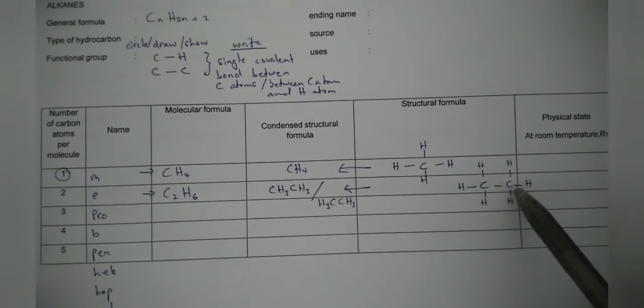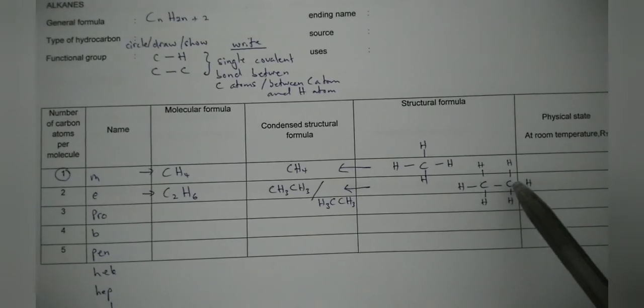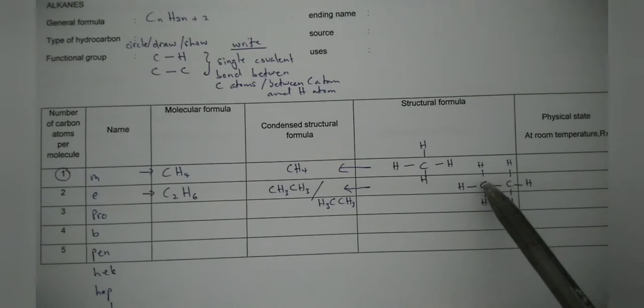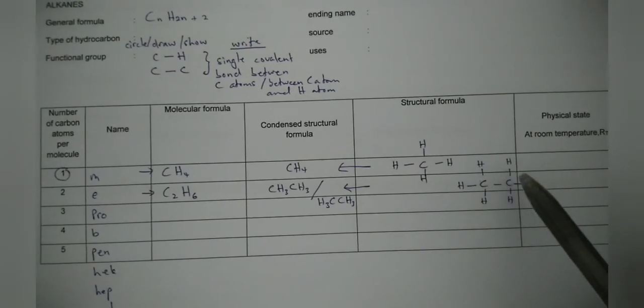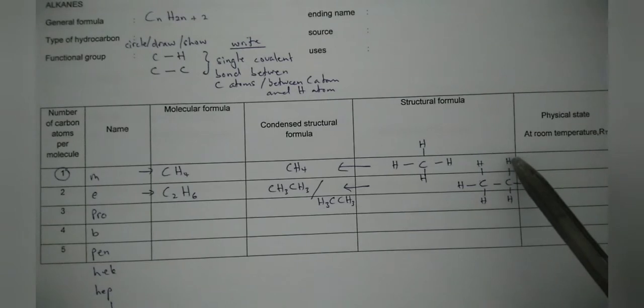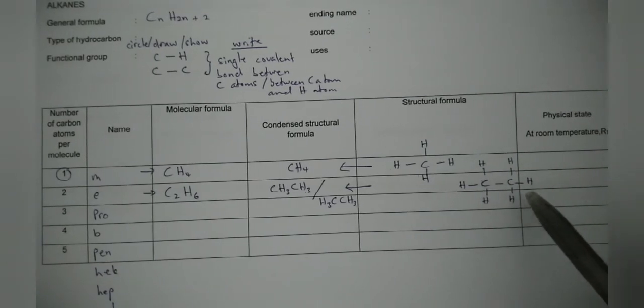The other carbon atom is the same: 1 electron is shared with the first carbon atom, and another 3 valence electrons are shared with 3 other hydrogen atoms.